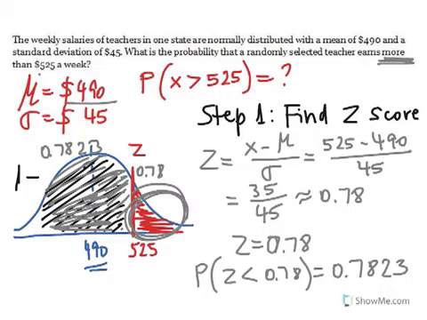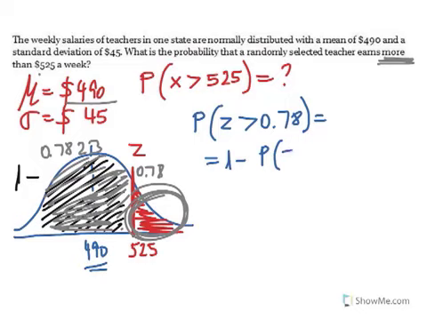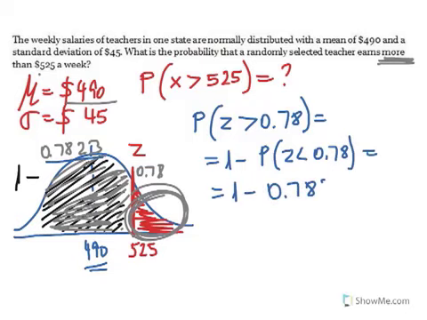Okay, so in this case, we need to do probability that z greater than 0.78 equals 1 minus probability of z smaller than 0.78, and that's going to be equal to 1 minus 0.7823, and that's going to be 0.2177.